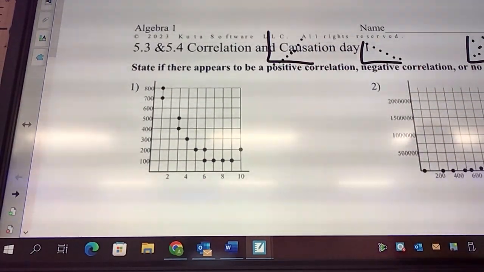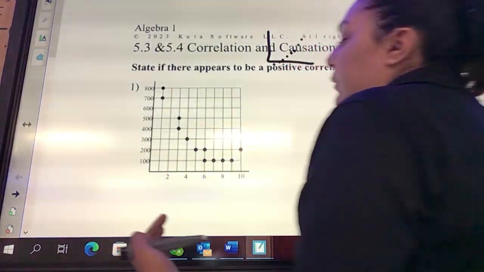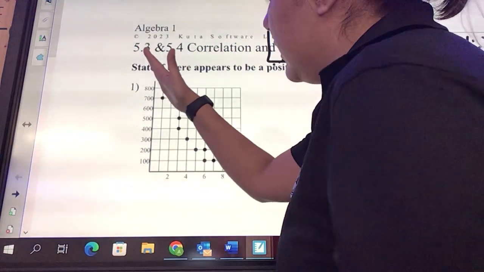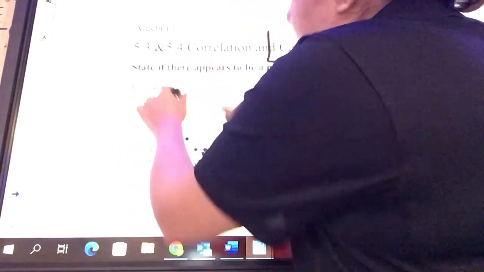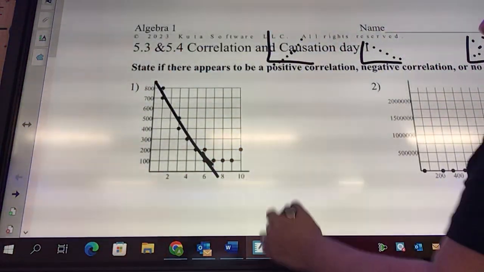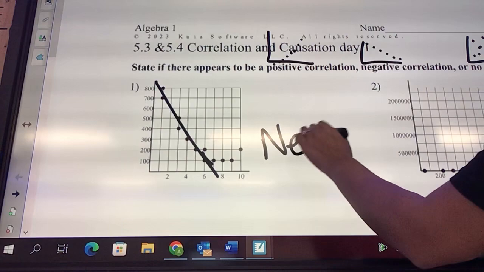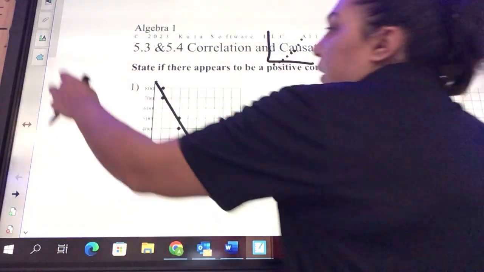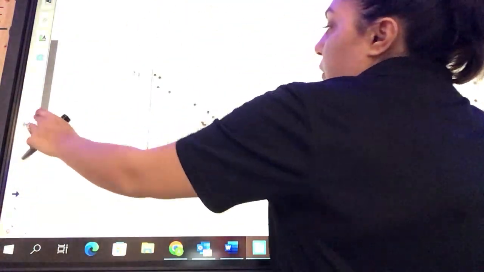If we look at number 1, it's like connecting the dots, but you can only make a straight line, like with a ruler. With a straight line, they're going down, so this is going to be negative. Look at 3.